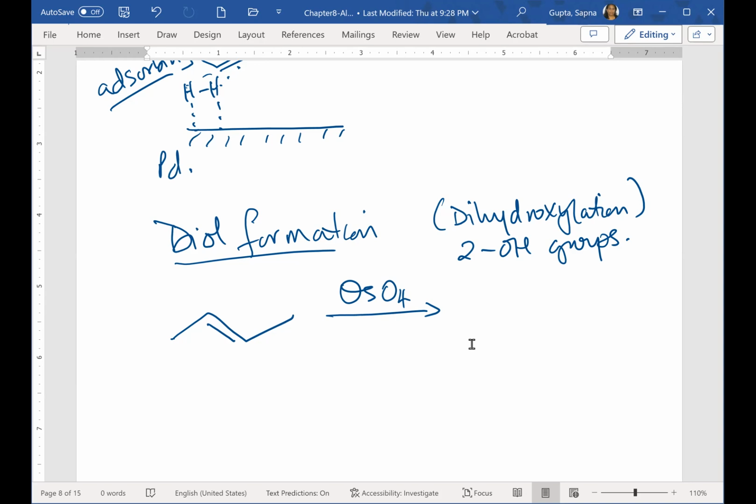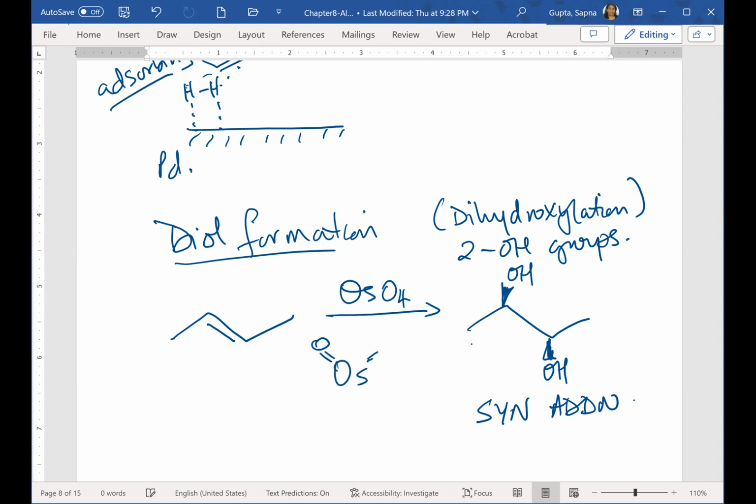All right. So what we get here is going to be a diol. And that diol is also a syn addition. Osmium tetroxide is like this. This is what it looks like.